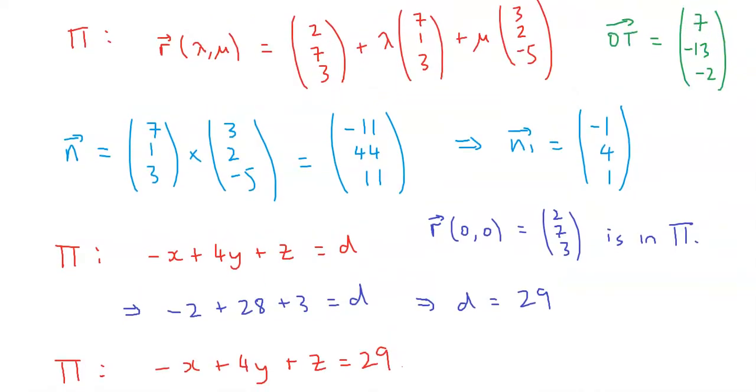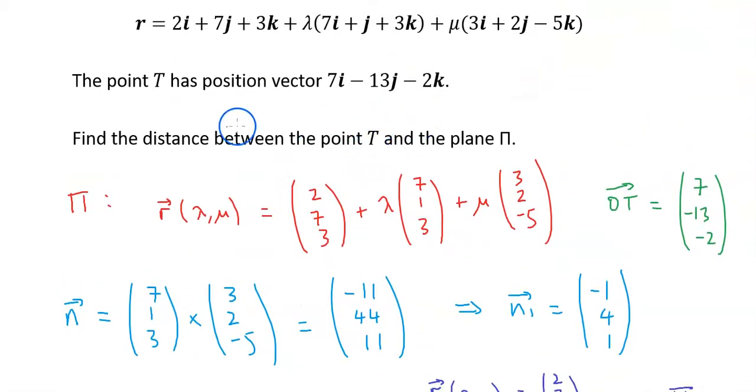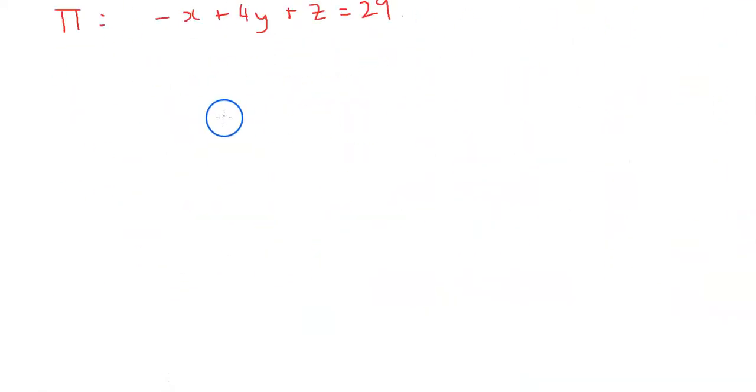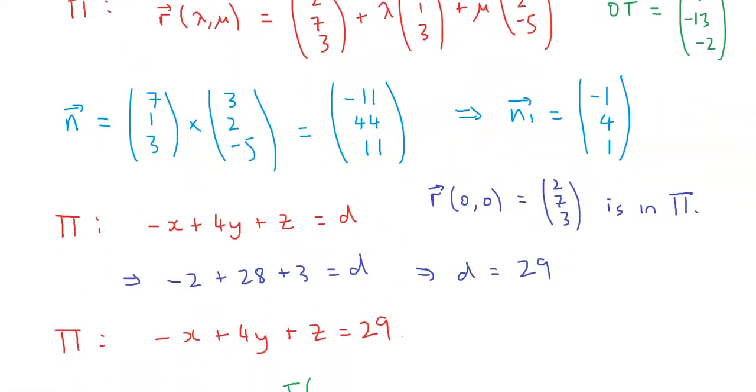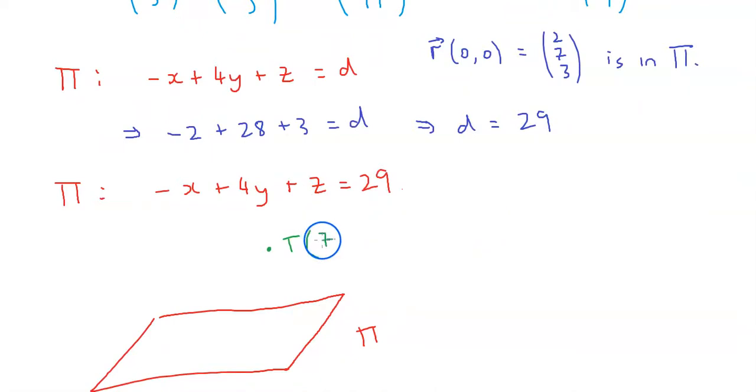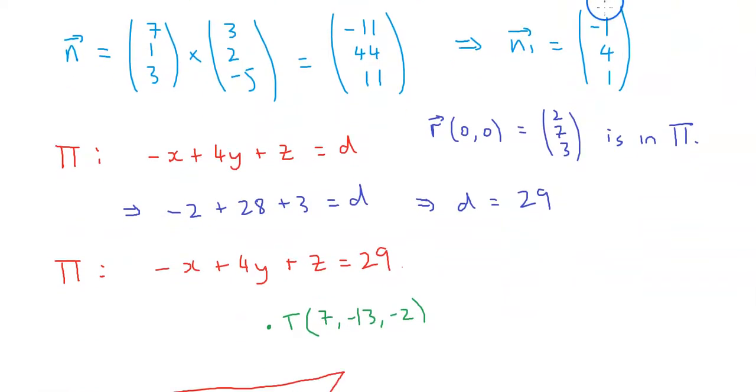Not only that, but we're looking for the distance between the point T and the plane pi. And if we draw ourselves a little sketch of what's going on, we have our plane pi here. Okay, and we have our point T up here, which has coordinates (7, negative 13, negative 2). And we have our normal vector n1, (negative 1, 4, 1).